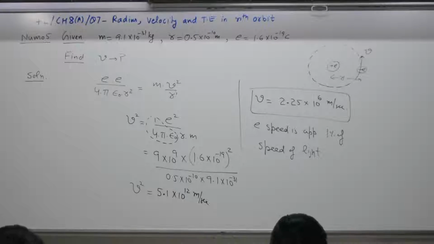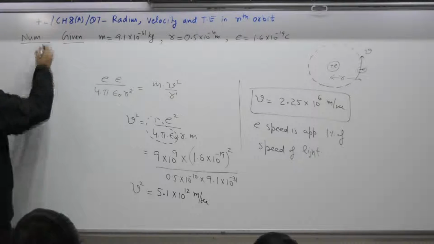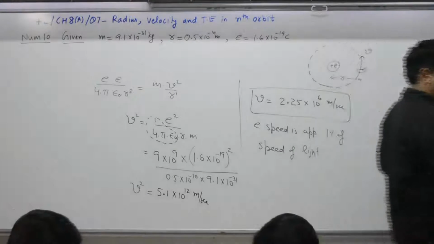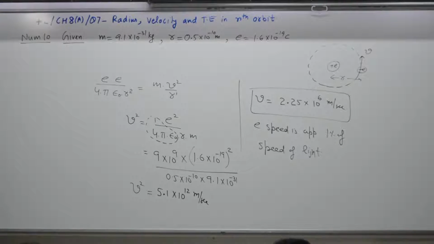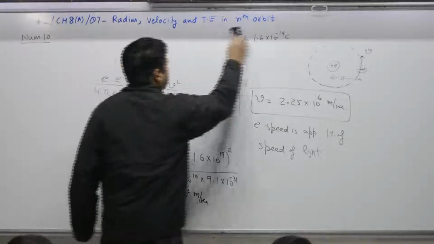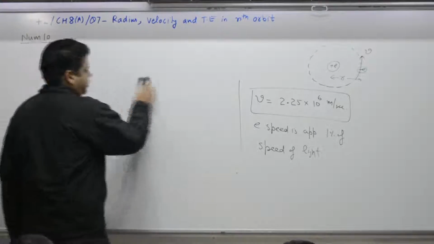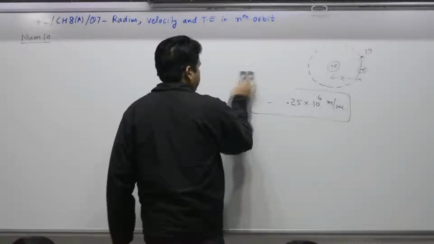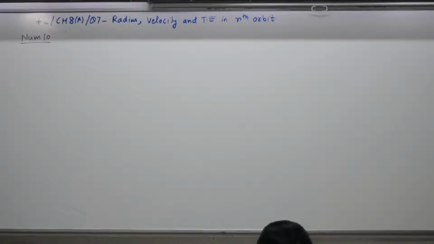Refer to numerical number 10. Numerical number 10 is: calculate the shortest wavelength of Balmer series given capital R is equal to 1.097 into 10 to the power 7 per meter.